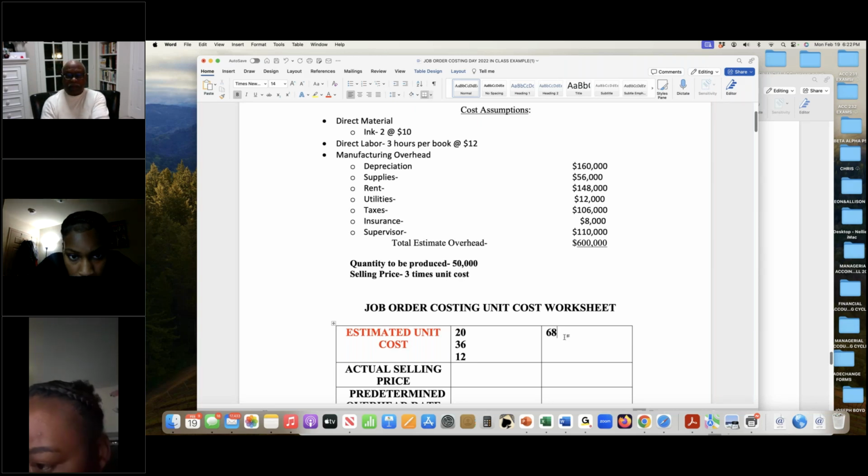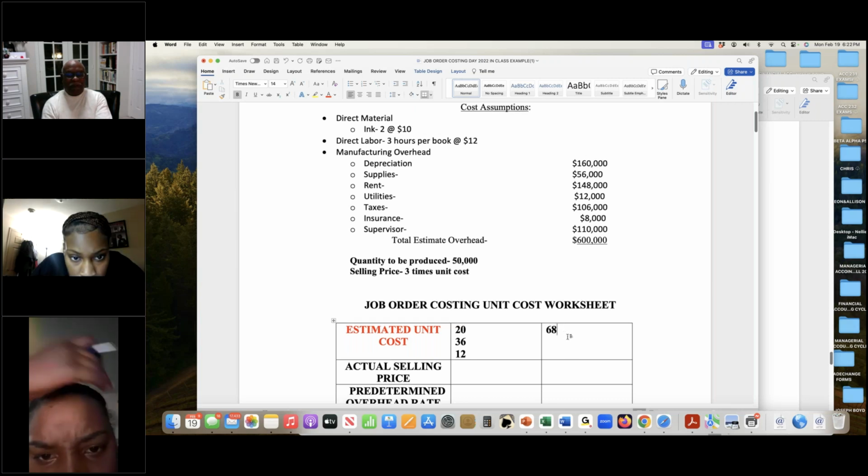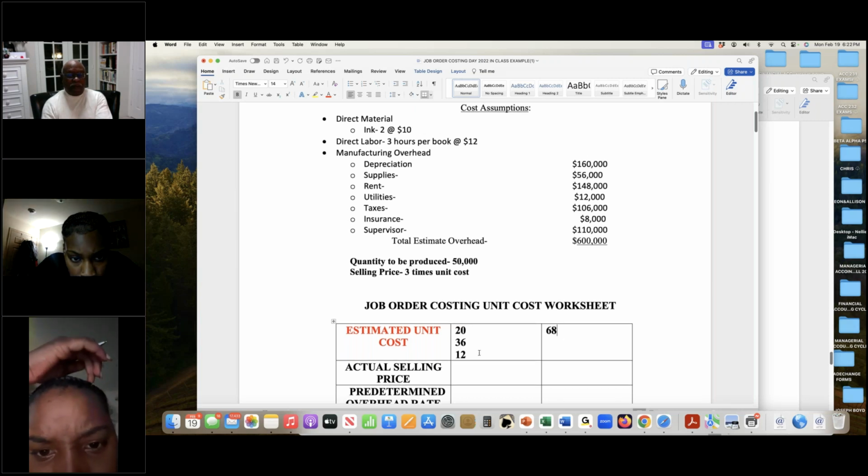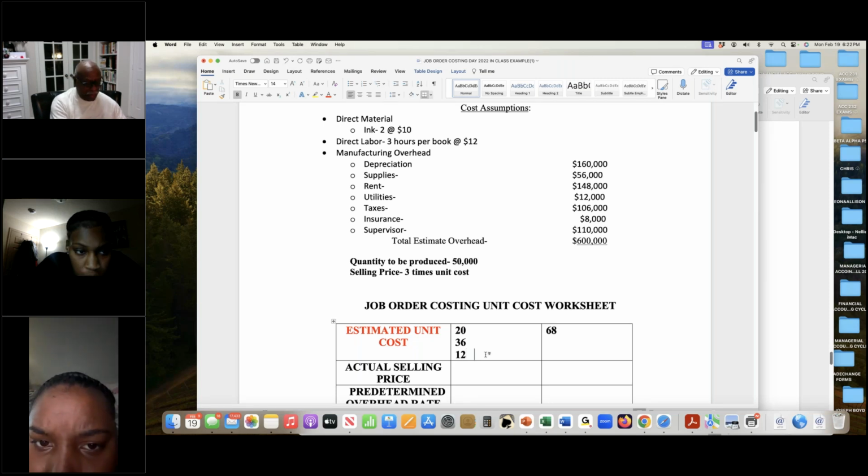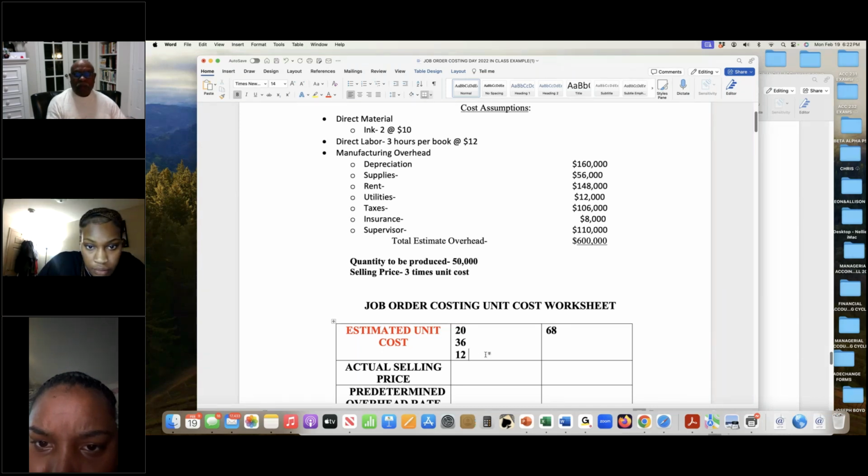Can you go over the manufacturing overhead again? To get the manufacturing overhead, we take the total overhead, 600,000.